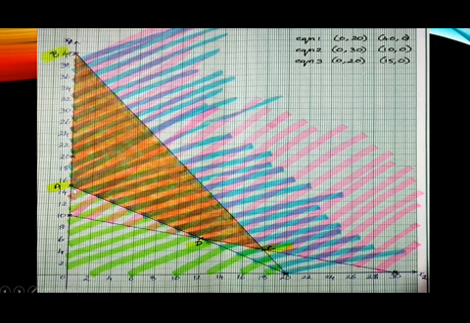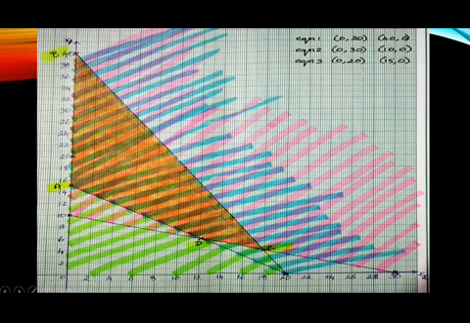With orange, I have just highlighted this region, and I am supposed to mark the extreme points. The extreme point A is 15, 0. Extreme point B is 40, 0. Extreme point C is almost 5.8 and 18. No, not even 18. It is 17.8.